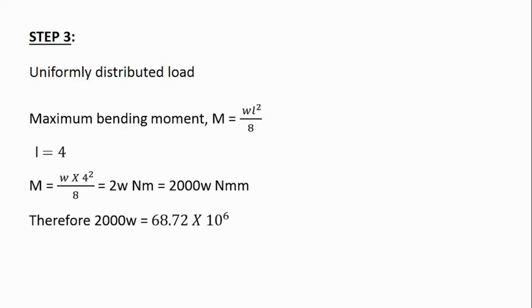So we equate the two. Maximum bending moment is equal to the moment of resistance we just calculated a while ago. So 2000 W equal to 68.72 times 10⁻⁶. So we get W by dividing through by 2000. So our final answer becomes 34360 Newton per meter, or we can convert to kilonewton to make it smaller, which is 34.36 kilonewton per meter.